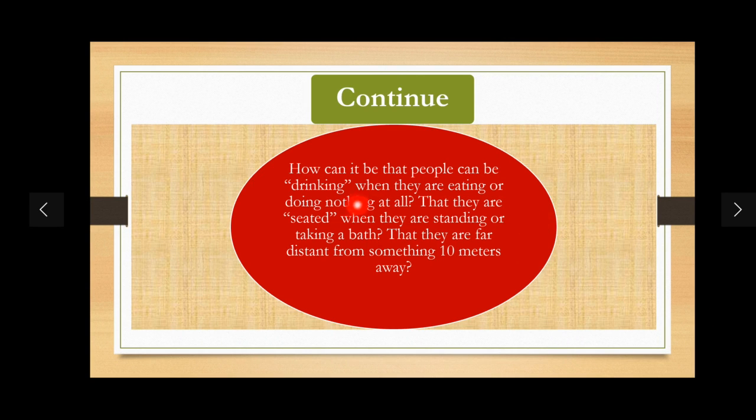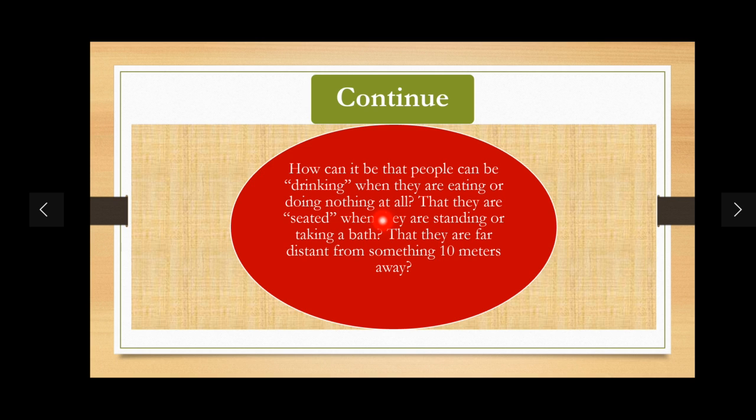Now, how can it be that people can be drinking when they are eating or doing nothing at all? For example, you are eating or you are doing nothing at all, and I say that you're drinking.